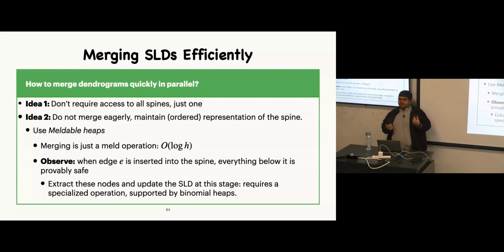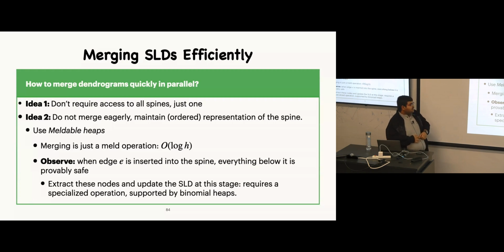Whenever we are doing merges, merging two heaps is basically a meld operation, which can be done in O(log n) time. But since the heaps are storing some particular spine, the number of elements in the heap is always bounded by the height of the dendrogram, right? So it's overall O(log h).